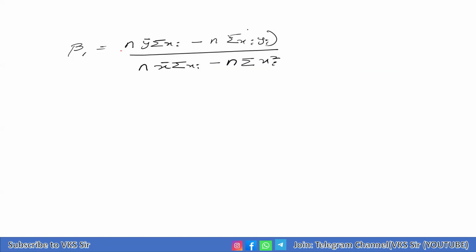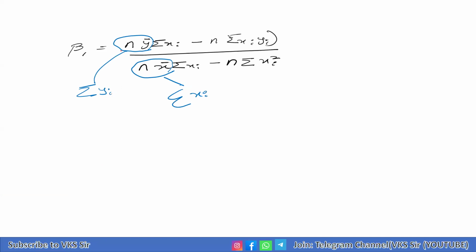As we already know, n y mean can be written as sum of yi, and n x mean is the sum of xi, right?